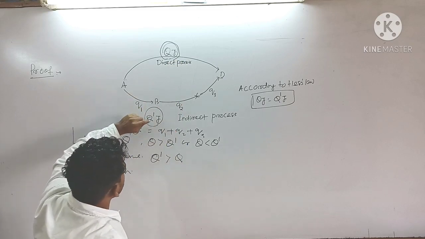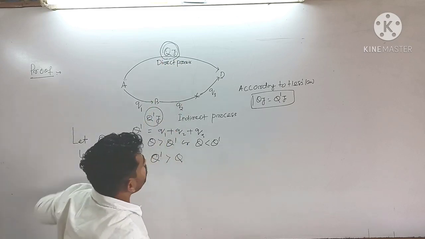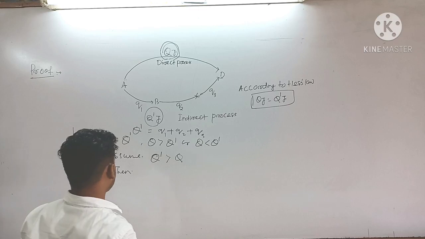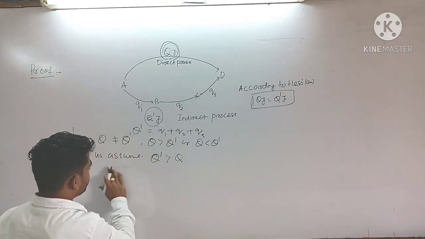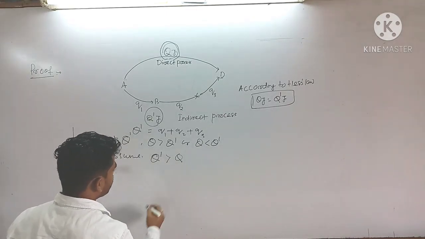And you see this Q dash is greater than that of Q, I have assumed over here.